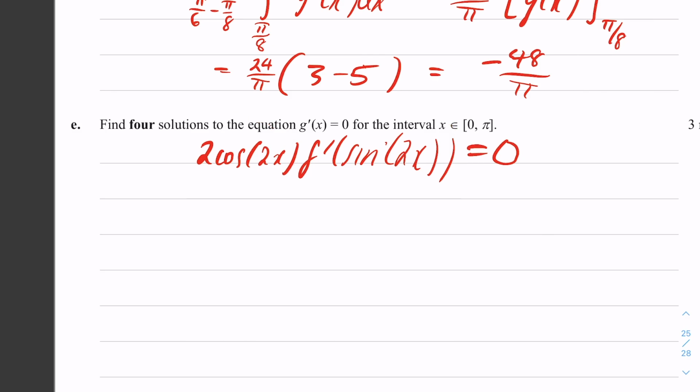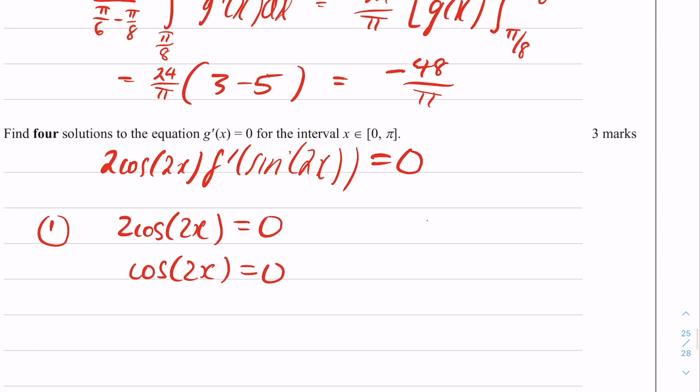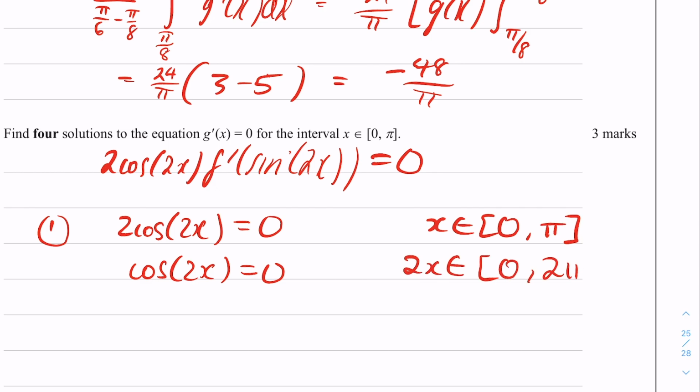So let's take the first case. 2 cos 2x equals 0. Well, that's the same as cos 2x equals 0. Also, x is between 0 and pi. That makes 2x between 0 and 2 pi.